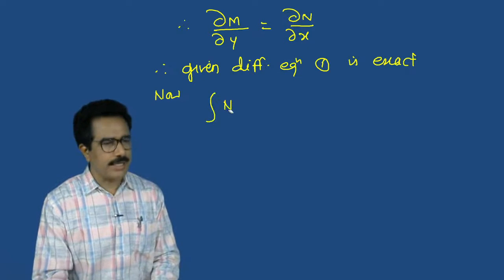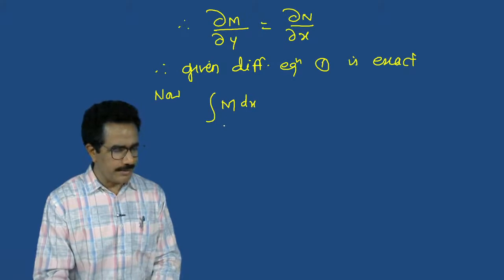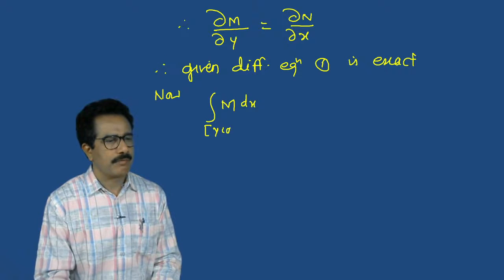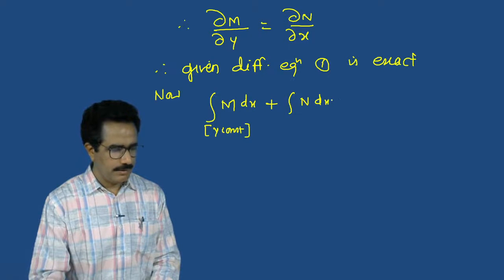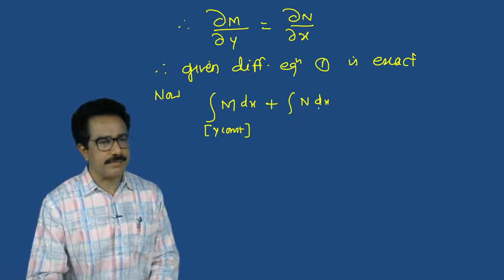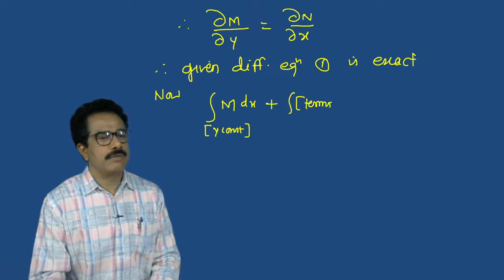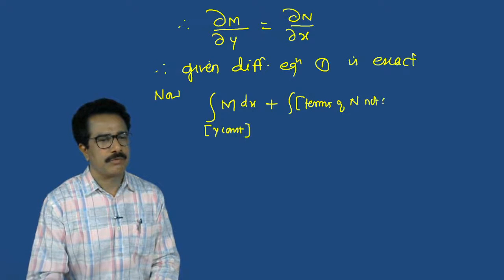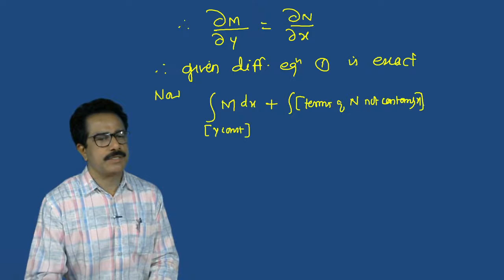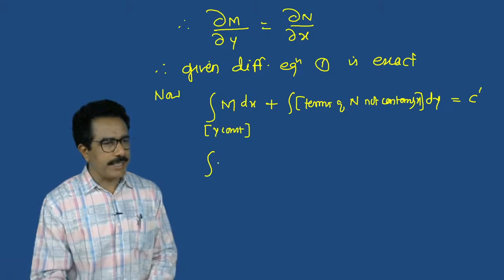Integration of M dx, here you note that y is constant, plus integration of N dx terms of N not containing x, that means terms we can write, terms of N not containing x into dy which is equals to, suppose a constant c or c dash.